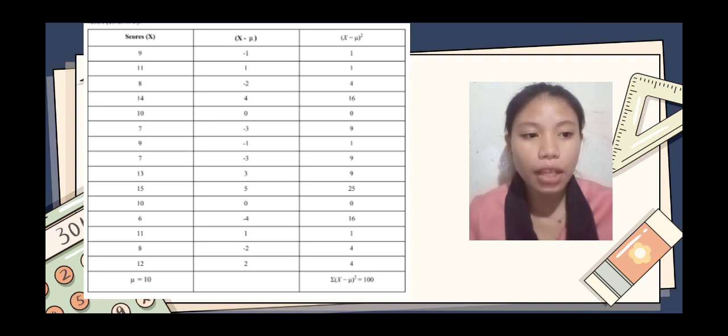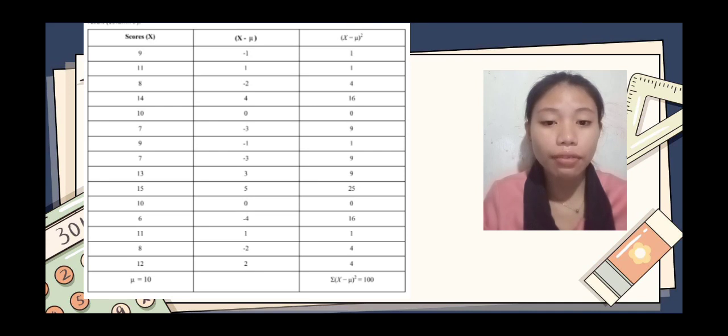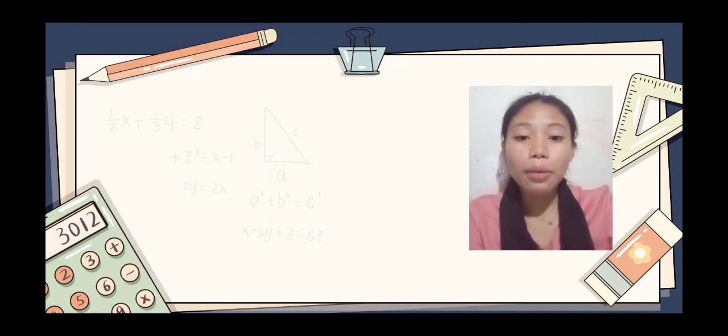The square of 3 is 9. The square of 5 is 25. The square of 0 is 0. The square of negative 4 is 16. The square of 1 is 1. The square of negative 2 is 4. The square of positive 2 is 4. We already have the results of column 3. All we have to do is add all the results. So the sum of (x minus mu) squared equals 100. And now, we are done with step 2.